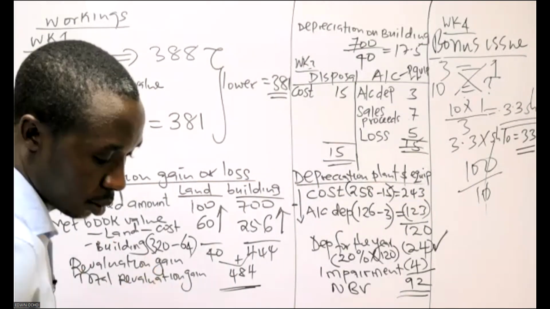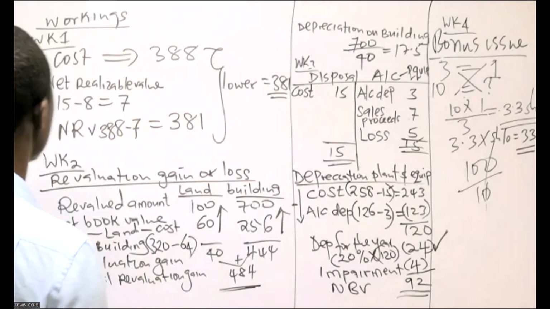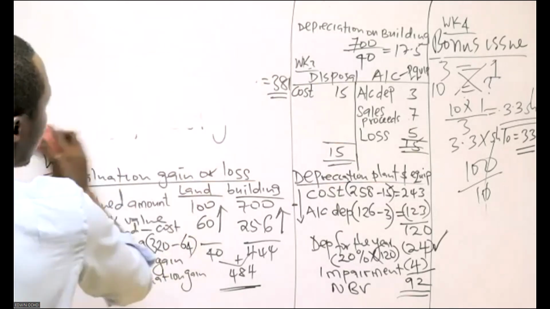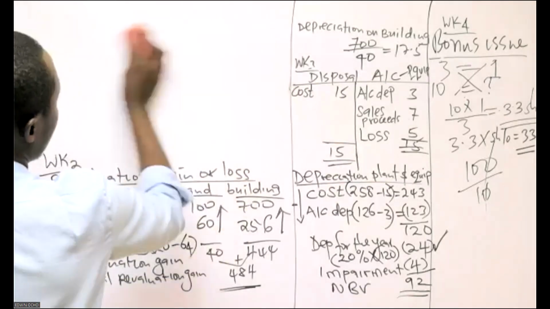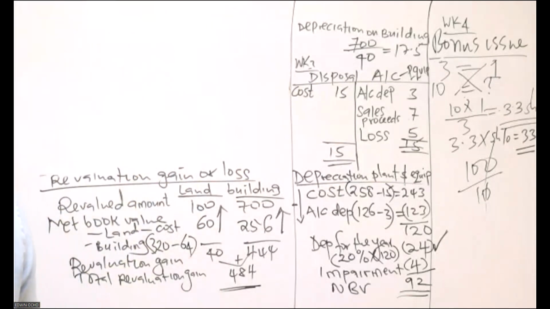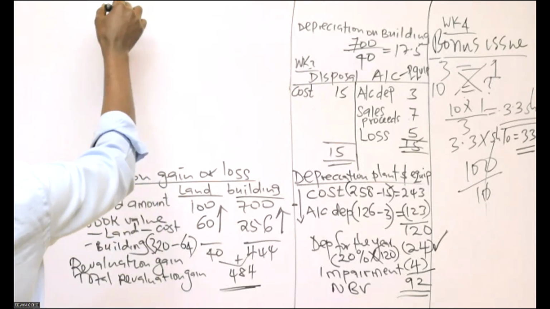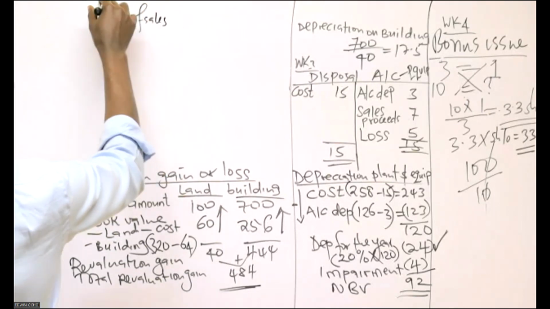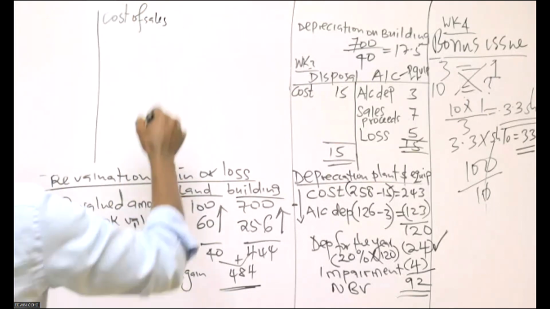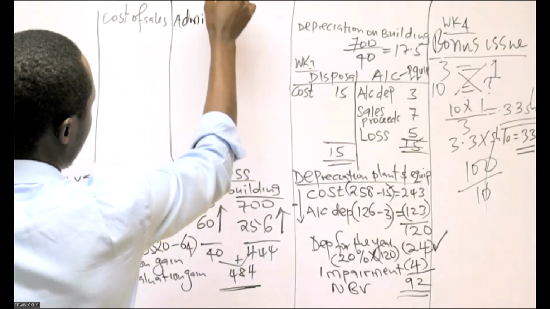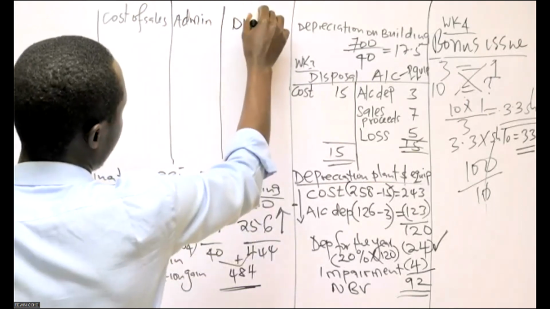So after doing that, we classify expenses based on the functional heads. So classification of expenses are based on cost of sales, admin, I don't have to write in full, and we have distribution.